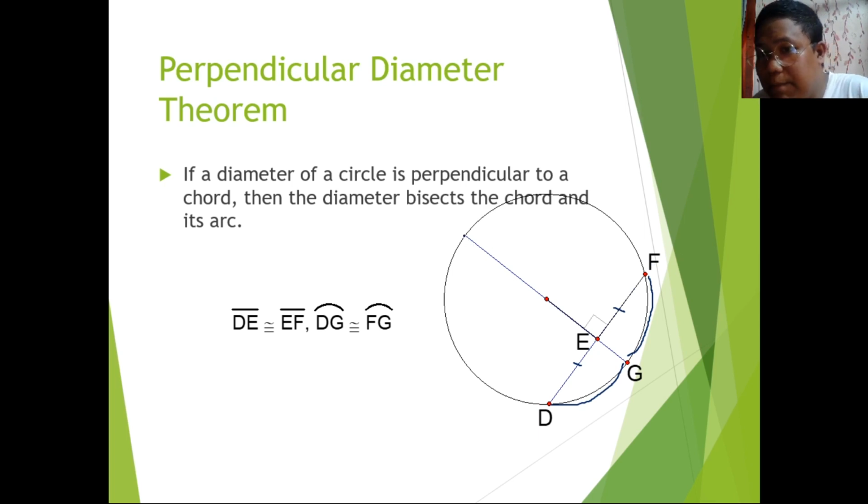Since the diameter bisects it, and it is perpendicular, the diameter bisects the chord. Again, remember the terminology: the diameter bisects the chord, so the parts are congruent. It divides this into two equal parts. Therefore, their intercepted arcs, DG and FG, are also congruent to each other.